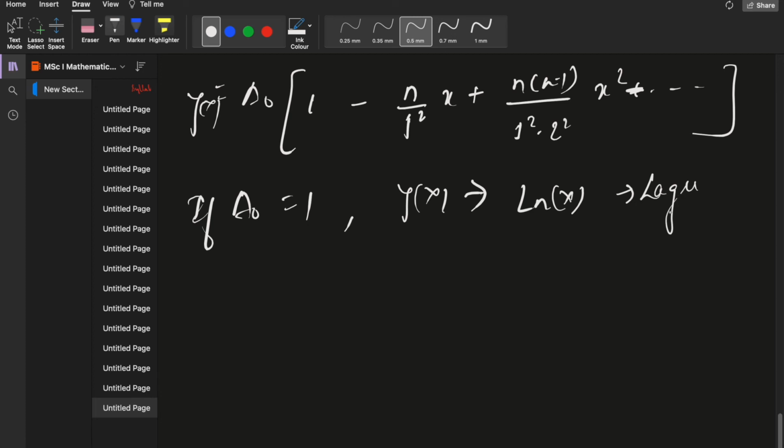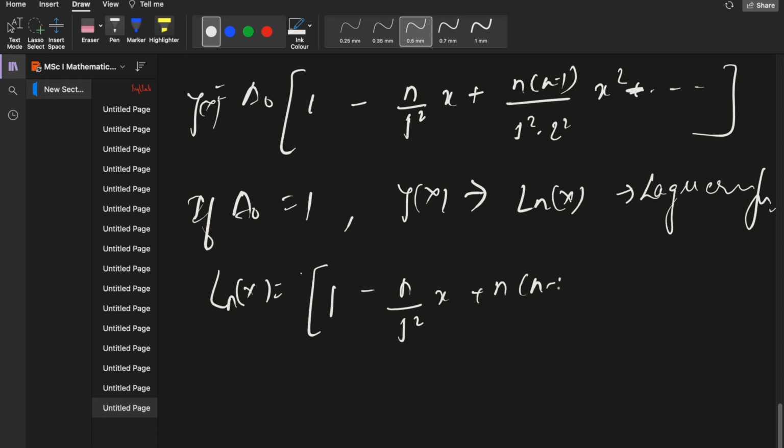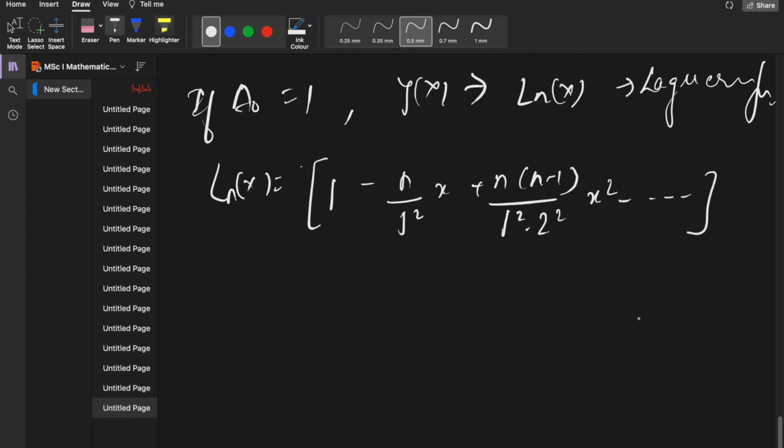Alright, so y(x) is now changed into L_n(x). So this is 1, and now the series quantity is 1 minus n upon 1 square x plus (n minus 1) upon 1 square 2 square x square minus so on.